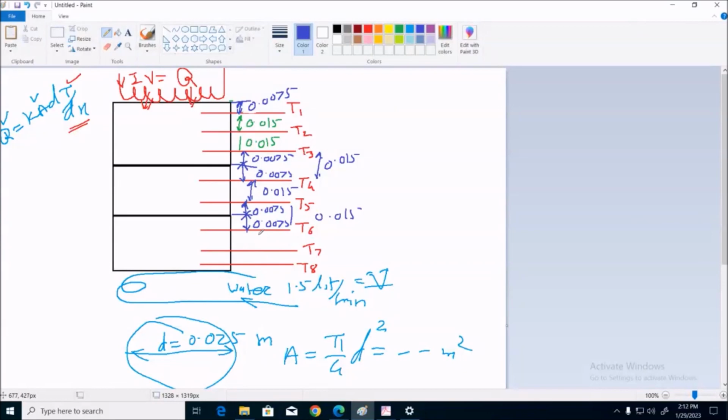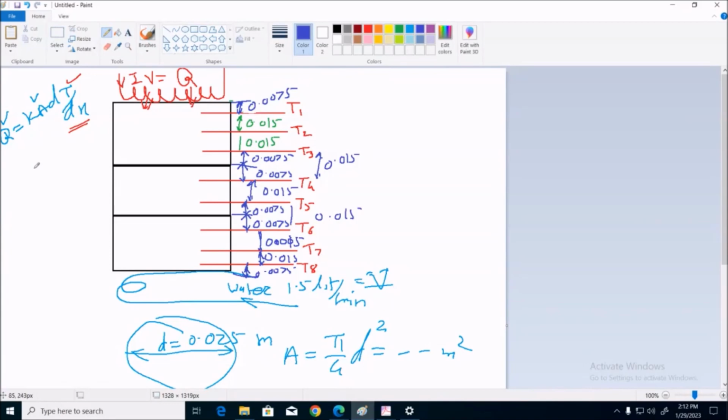T6 and T7, 0.015, this distance. And again from here to here 0.0075. Okay, so these distances are given.